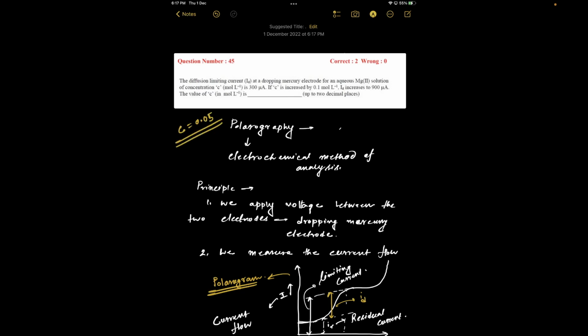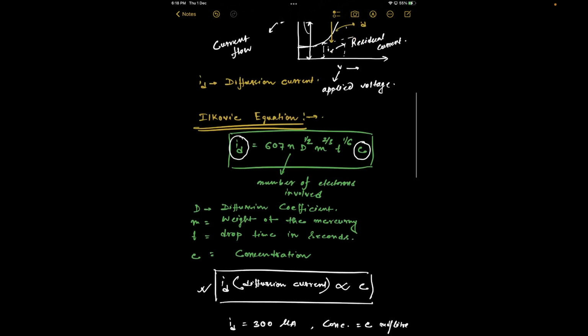So to solve this type of question, just remember this equation and the relationship between the different quantities. Here ID is the diffusion current, and ID is directly proportional to the concentration. ID is also directly proportional to the number of electrons n.